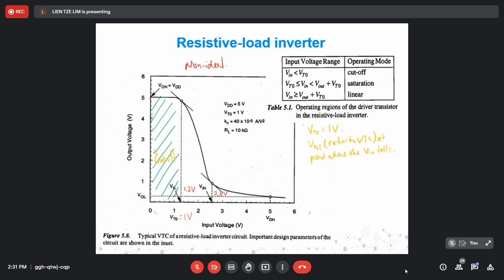For example, the input voltage is above the threshold voltage. Maybe I take this point, VIH, at 2.6. V out following this level is also 1 volt. So VTO is 1 volt plus V out is 1 volt, this is 2 volt.